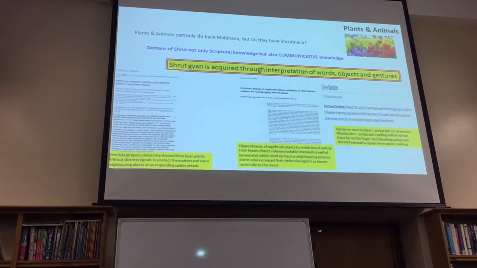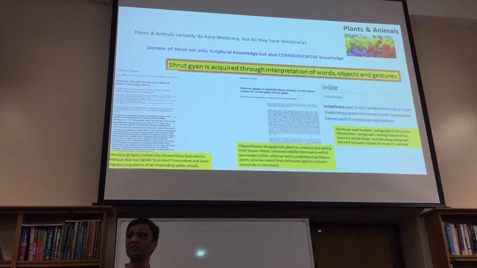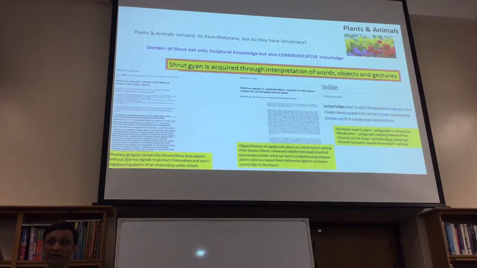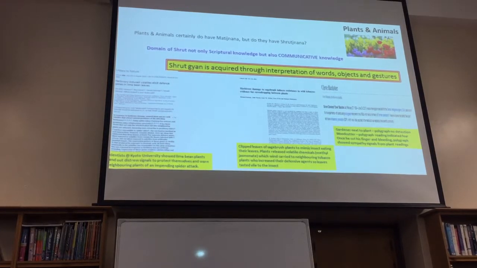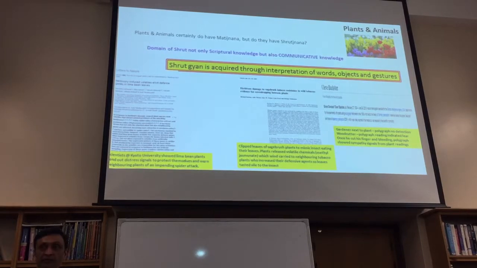A third piece of research was done by Cleve Backster, a CIA agent of America. When he retired from the CIA, he was very much into polygraphs, detecting the vibrations given out by plants.